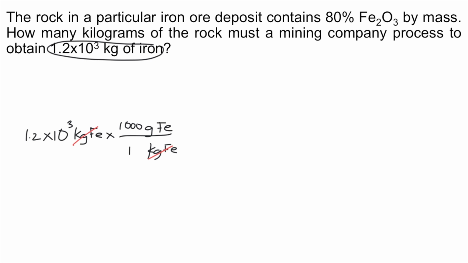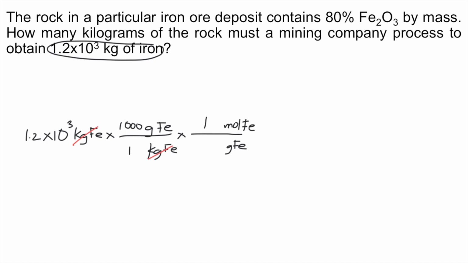Next is we convert grams of iron into moles of iron. So we will use the molar mass of iron. So again, from grams of Fe, we will convert that to moles of Fe.